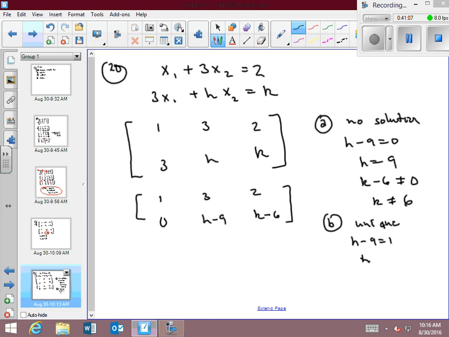So h would not be able to equal 9. And what about k minus 6? What's that? Yeah, you're right. I can't add. You have to be careful because sometimes I don't know my operations.